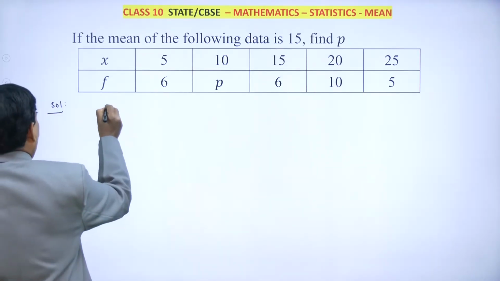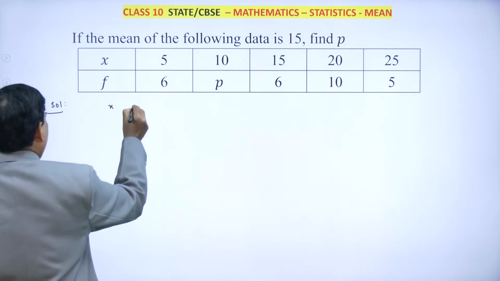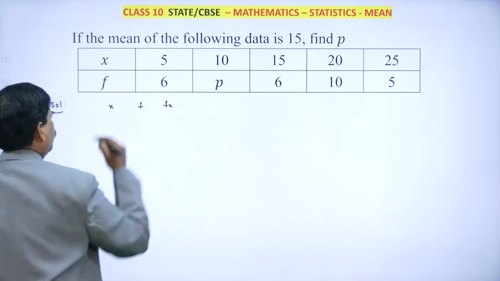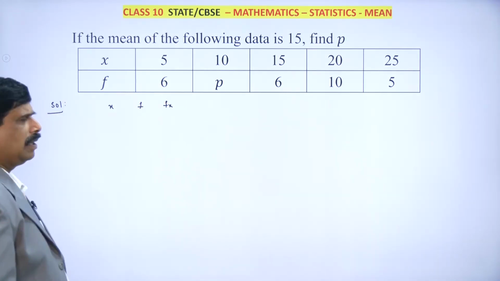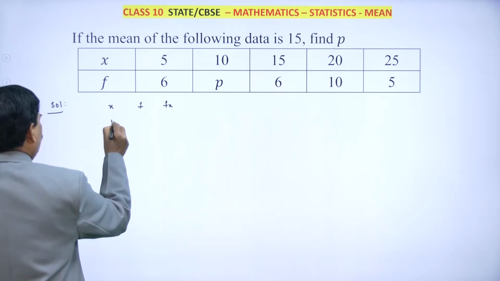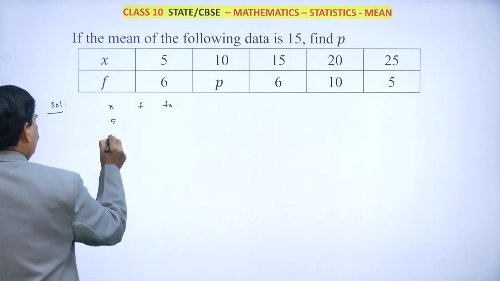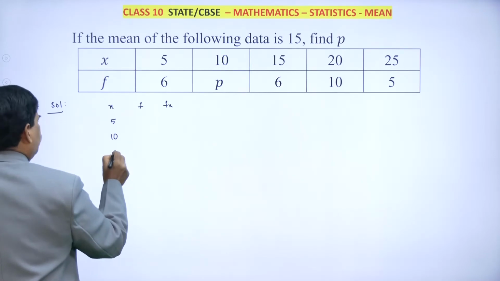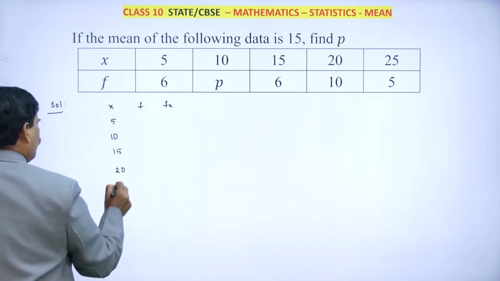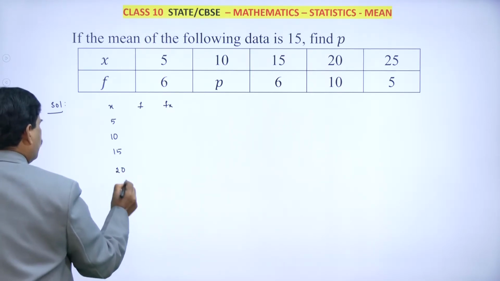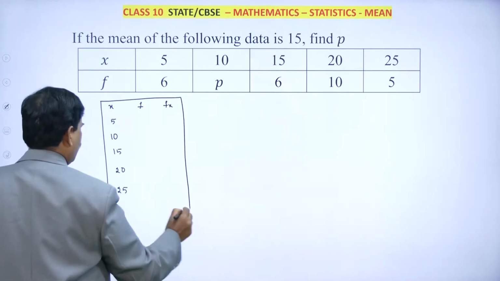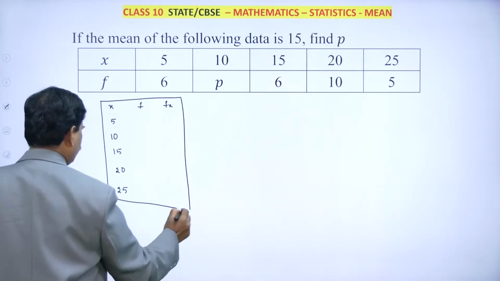So same, first you make a table children, you take x, f, and then fx. Okay. Is it clear? So now x is 5, 10, 15, 20, 25. So better you make one table children to avoid the confusion.